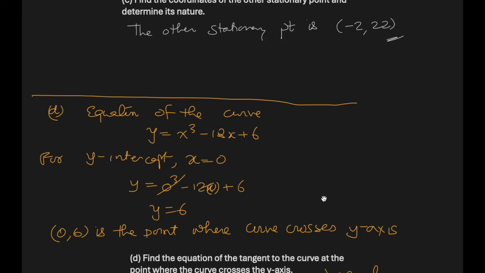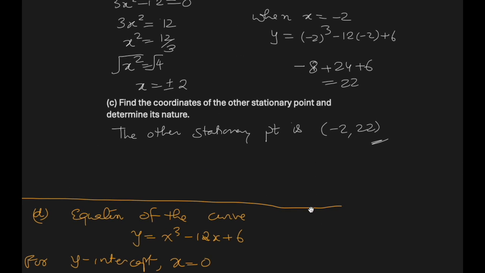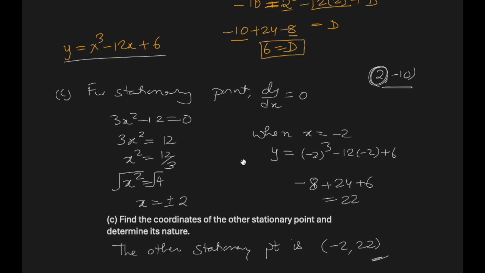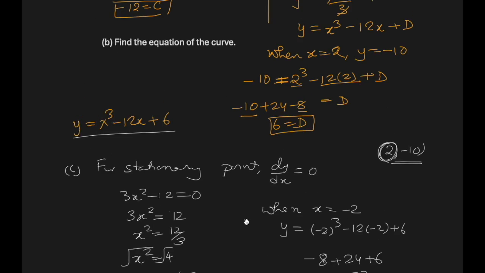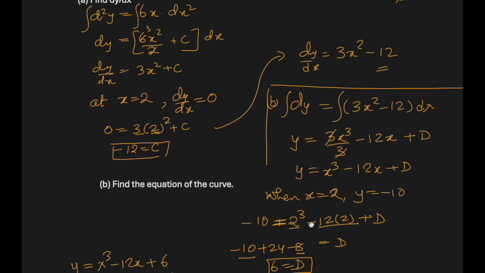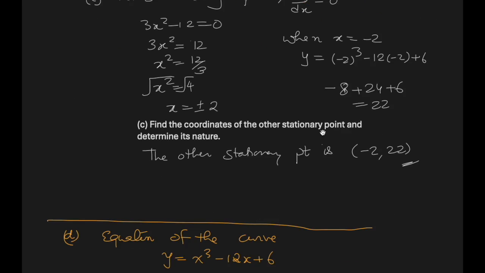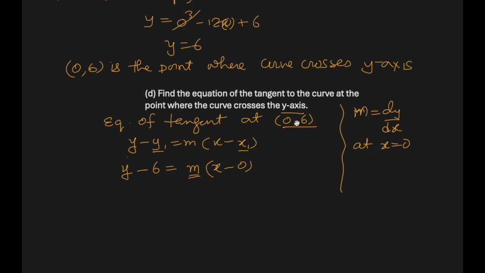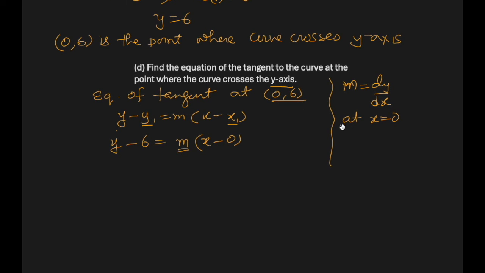Dy over dx was 3x square minus 12. So that is minus 12.